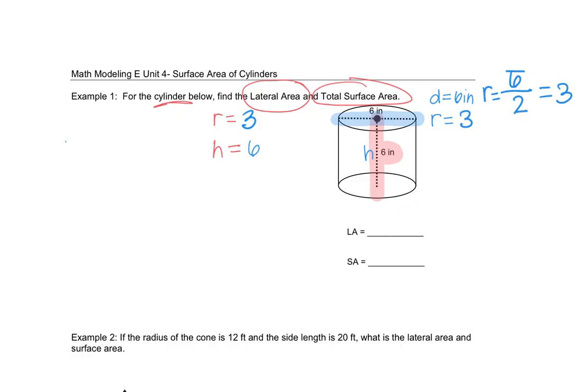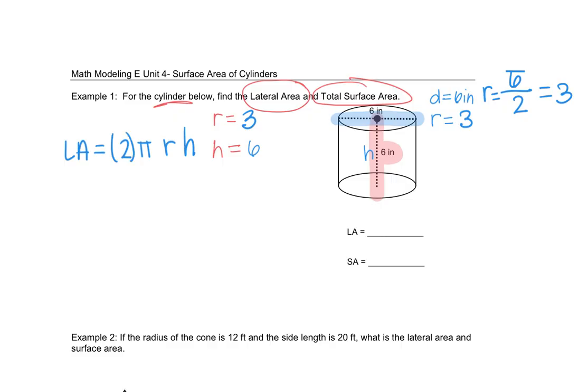So voy a empezar con la lateral. Let's start with the lateral area. So remember, the formula is 2 pi r h. That's your formula. I'm going to do something that's going to help me put this better in my calculator.